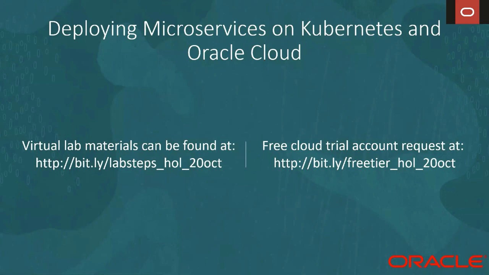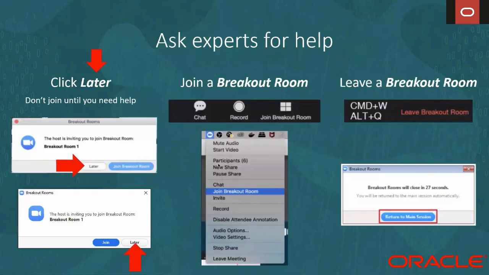And just to remind you again about the breakout rooms: once the rooms are opened by our support, you just click join the breakout room, but do it later only when you need support. To go out from the breakout room, just press Alt Q or Command W.